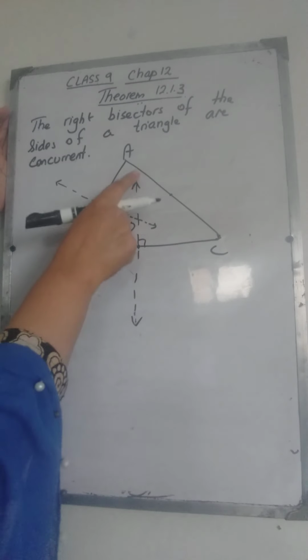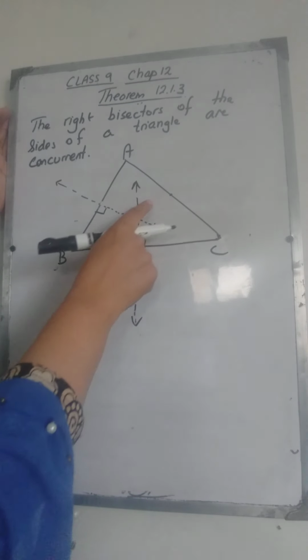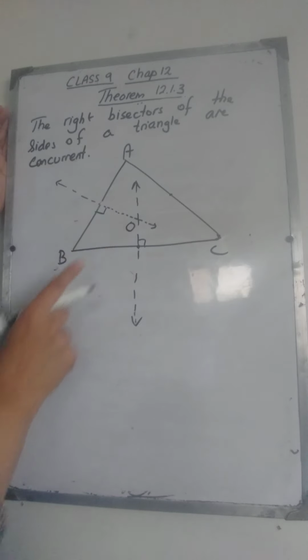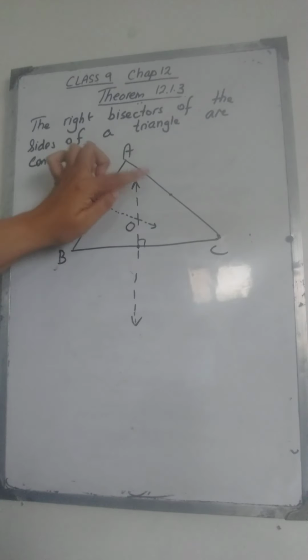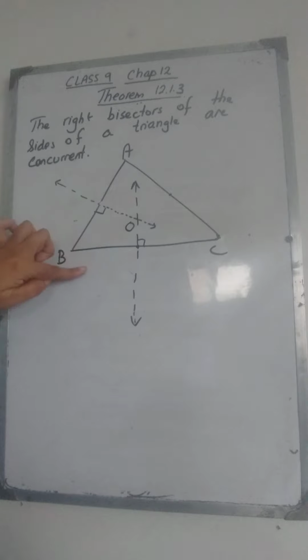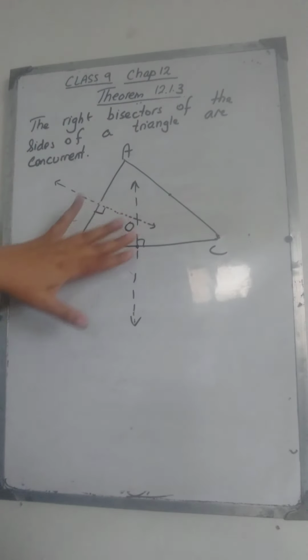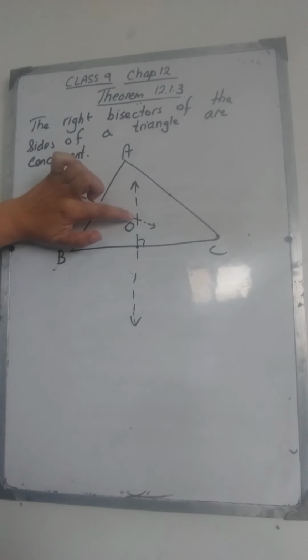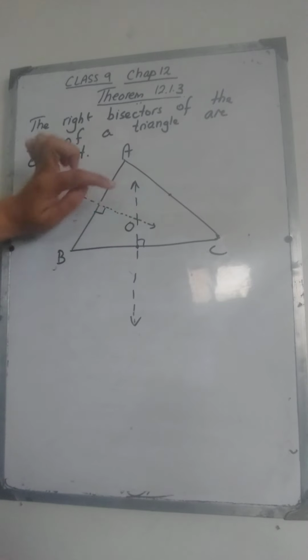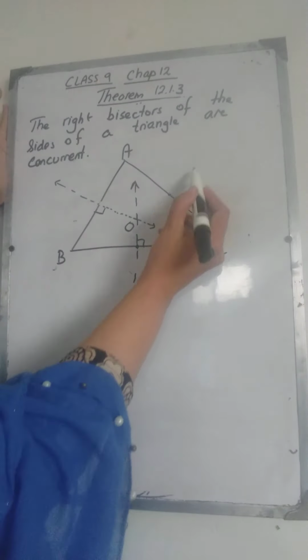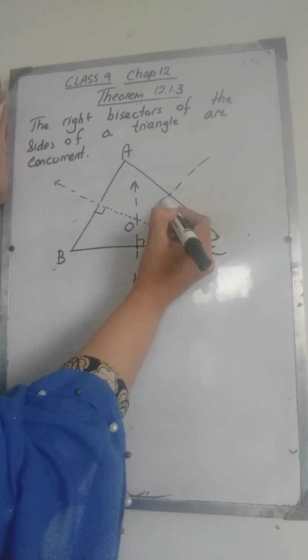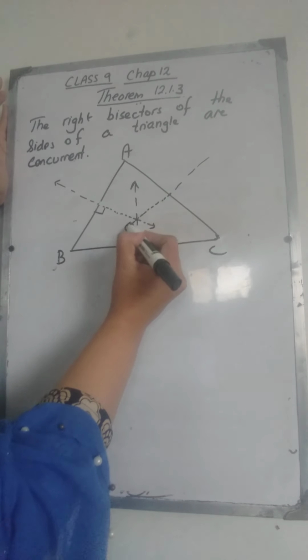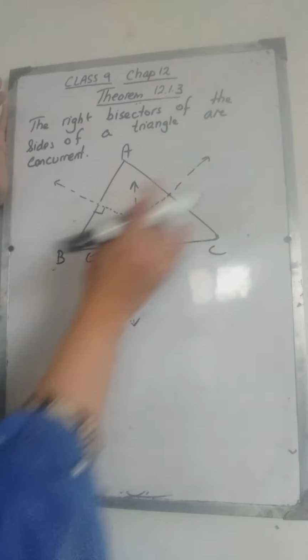Now if they intersect at this point O, then the third bisector will be concurrent with these. Concurrent means that it will pass through the point O. If it passes through the point O, then we say that all three bisectors are concurrent. It means they have a common point of intersection. Intersection means where the lines cut each other. So this is the right bisector, and it always passes through the same point as the other two.